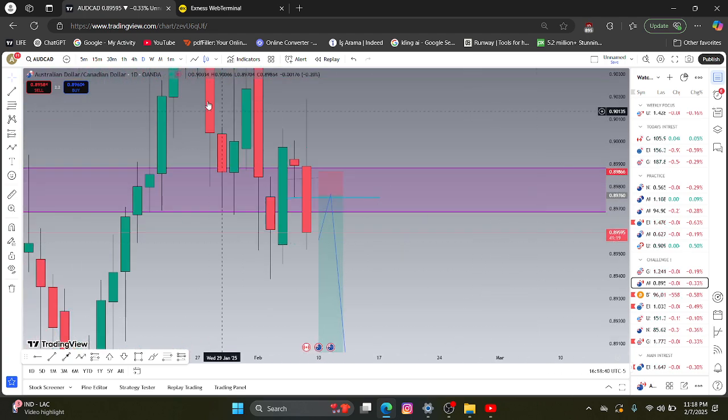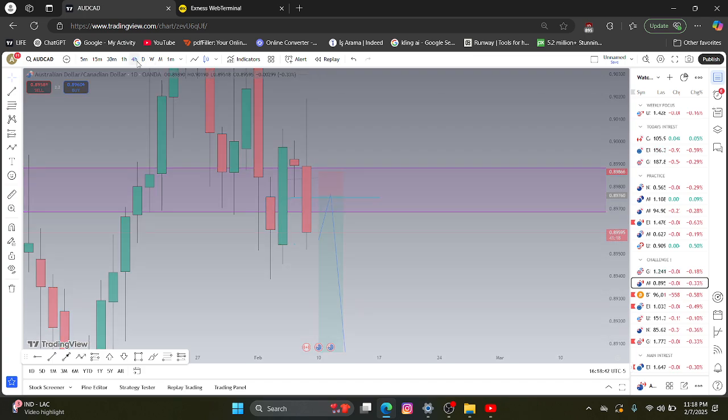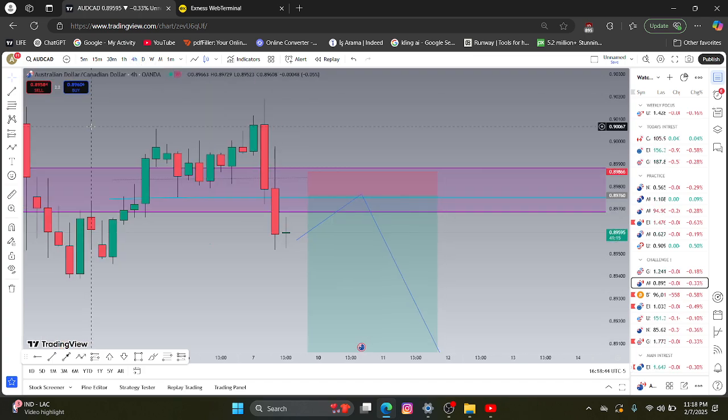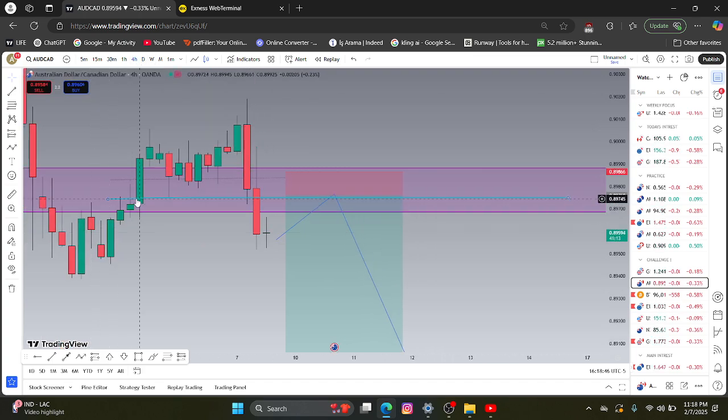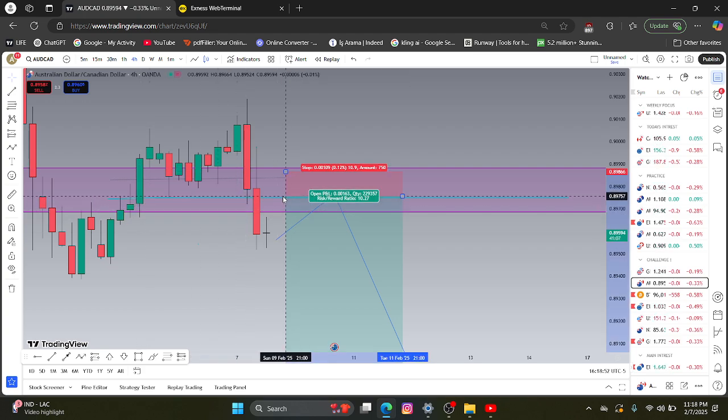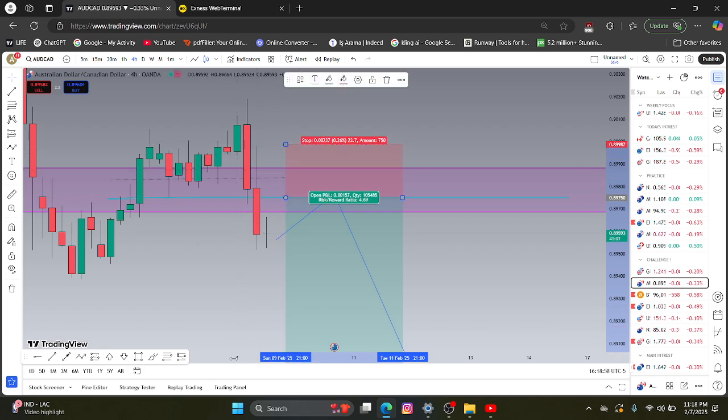That's a back retest, but let me then go to the four-hour time frame, where this is the zone I underlined. When the market taps in this zone, we'll be looking for sells, maybe even up to there as a stop loss. But again, I'm looking at what's going on here.